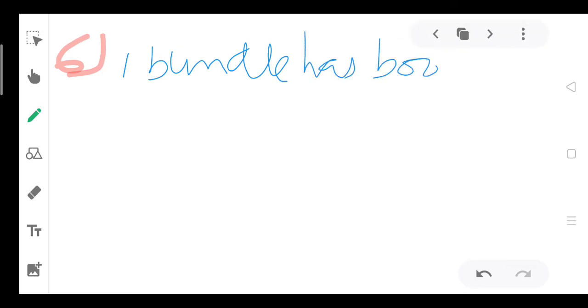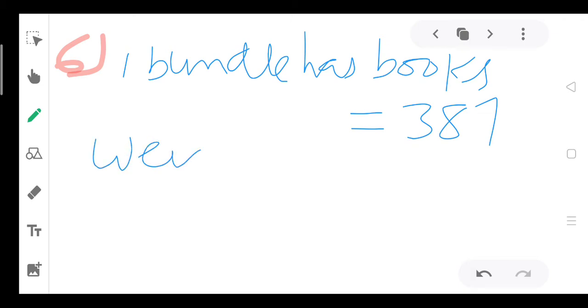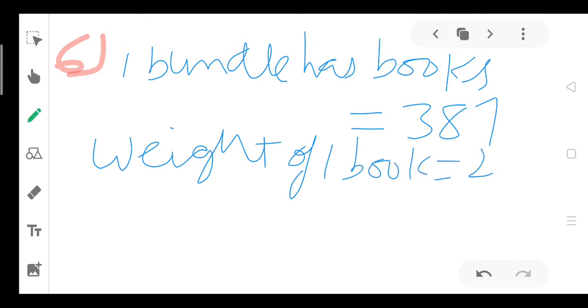There are 387 books, and the weight of one book is equal to 2 kg.